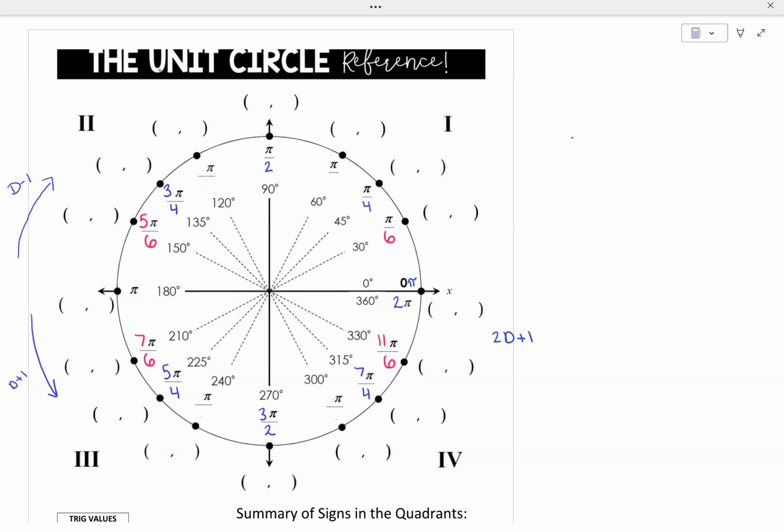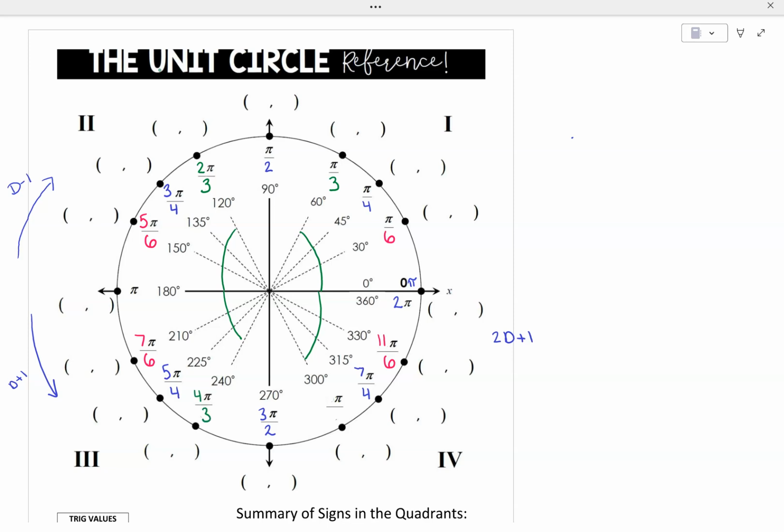Okay, so the next one is 60 degrees, which is pi over 3. So now we're looking 60 degrees from that x-axis. The same rules apply. Double 3 minus 1, 2 pi over 3. Double the denominator, add 1, 4 pi over 3.